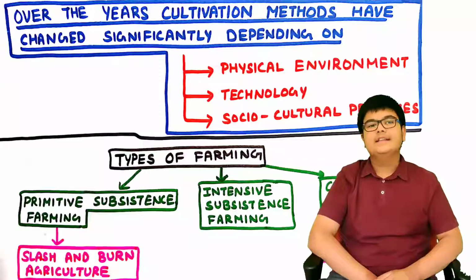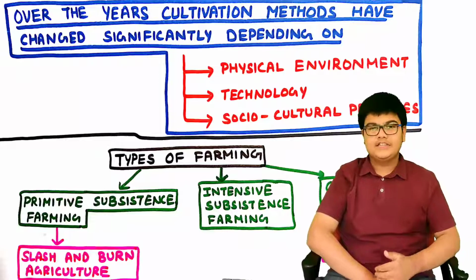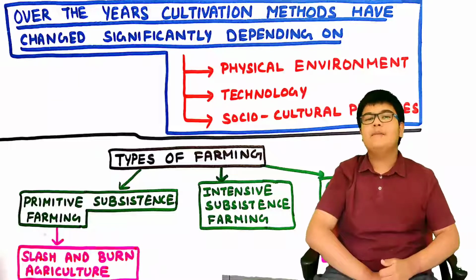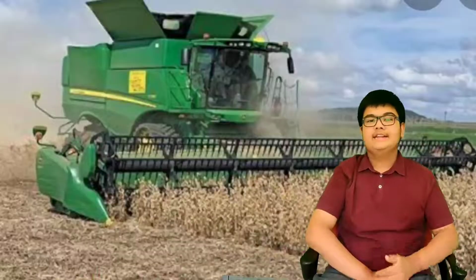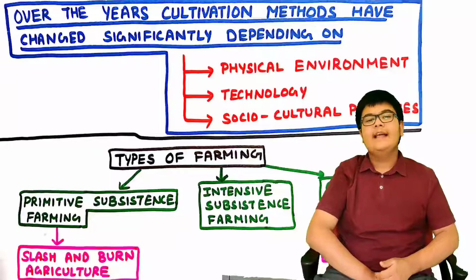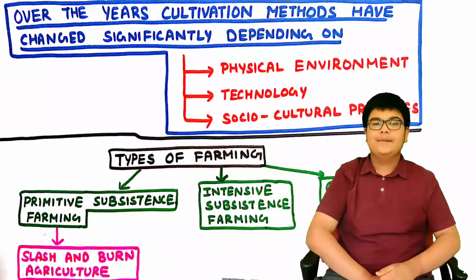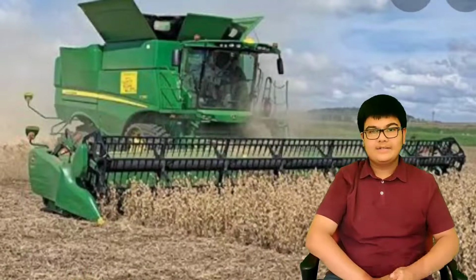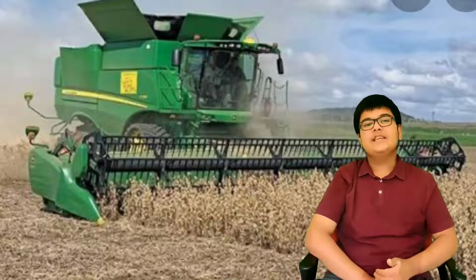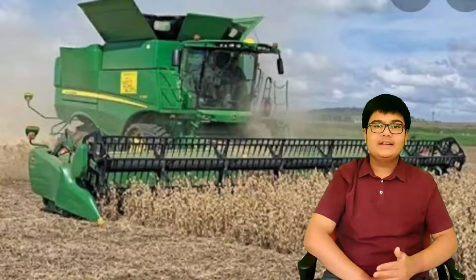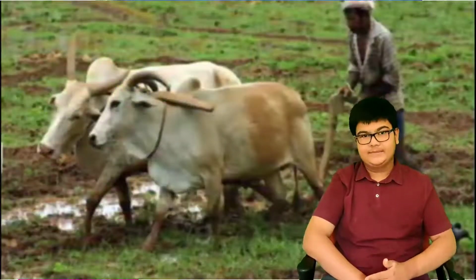Over the years, the cultivation methods have changed significantly depending upon the physical environment, technological availability and the socio-cultural practices. For example, now we have combine harvesters and tractors which have made farming very faster and easier than it was in ancient times.